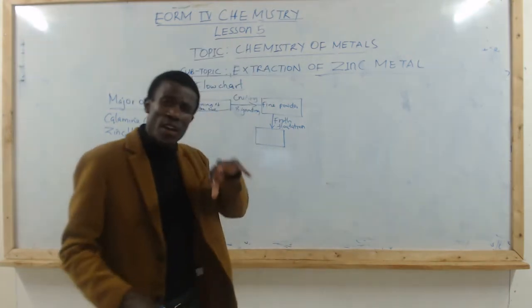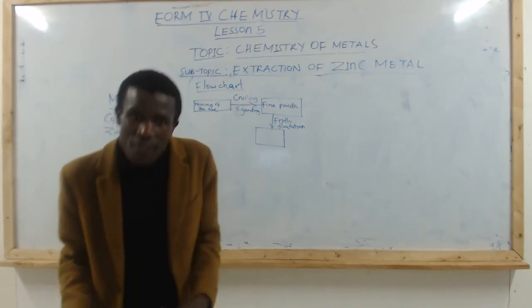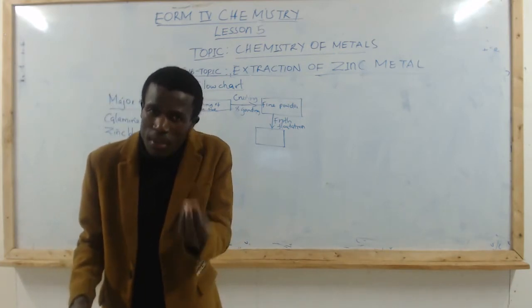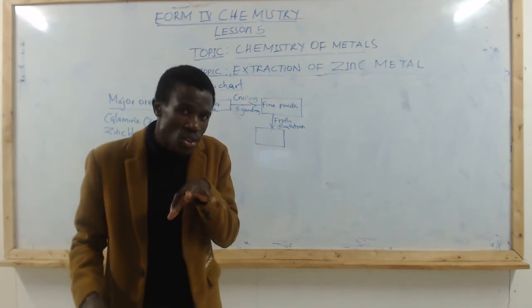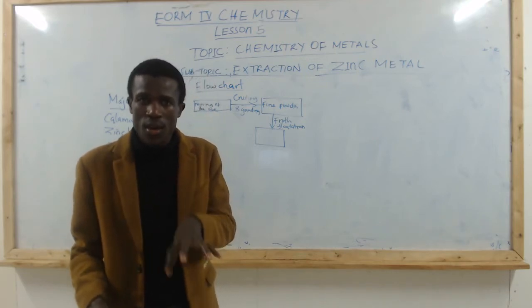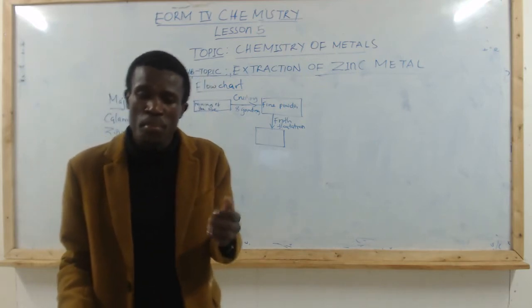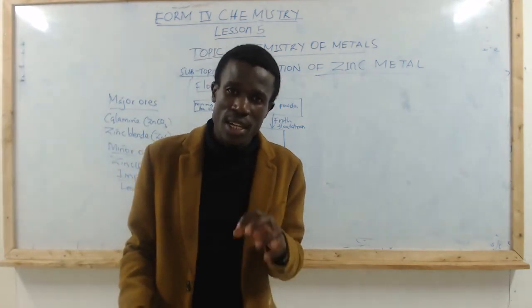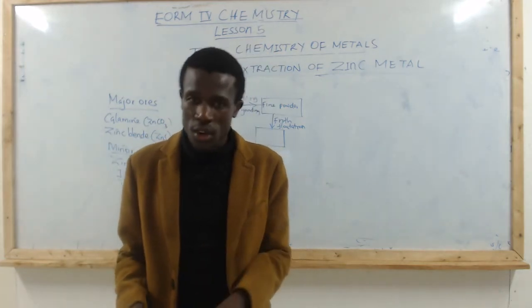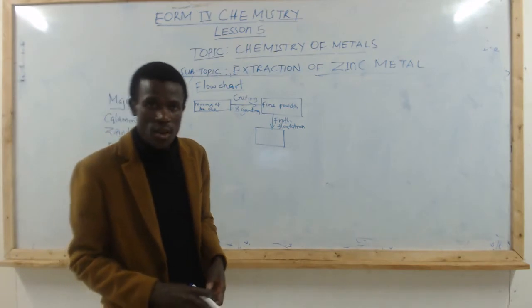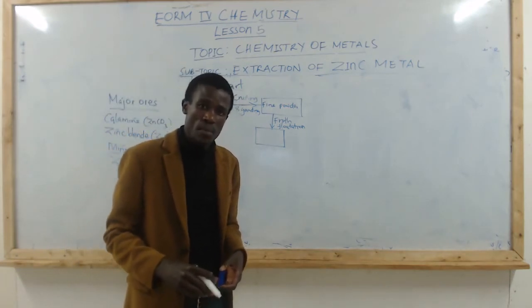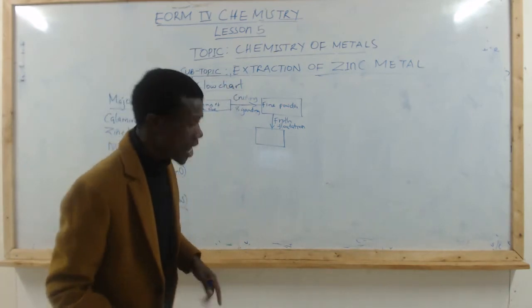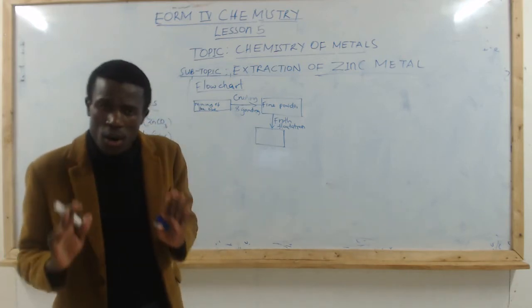Now, after we have removed the impurities, we have the ore with a small amount of impurities. We have removed most of the impurities. Now the ore which has undergone purification can be subjected to the processes of extraction, as our aim is to get a metal from its ore. You must know the ore that we are dealing with.